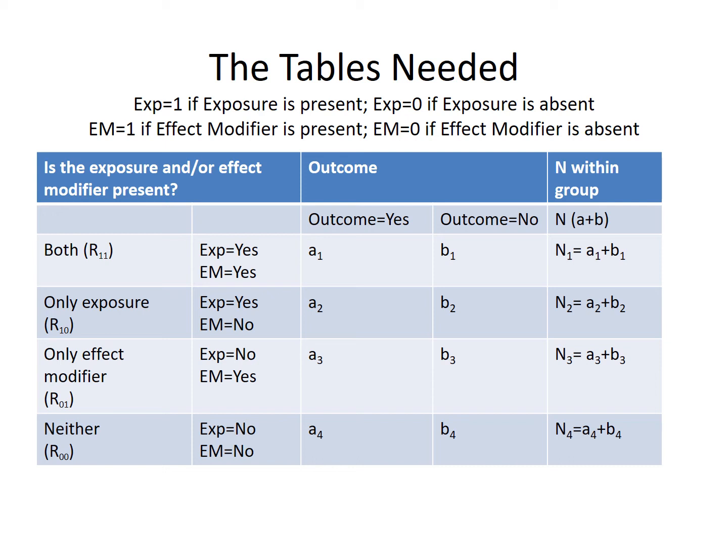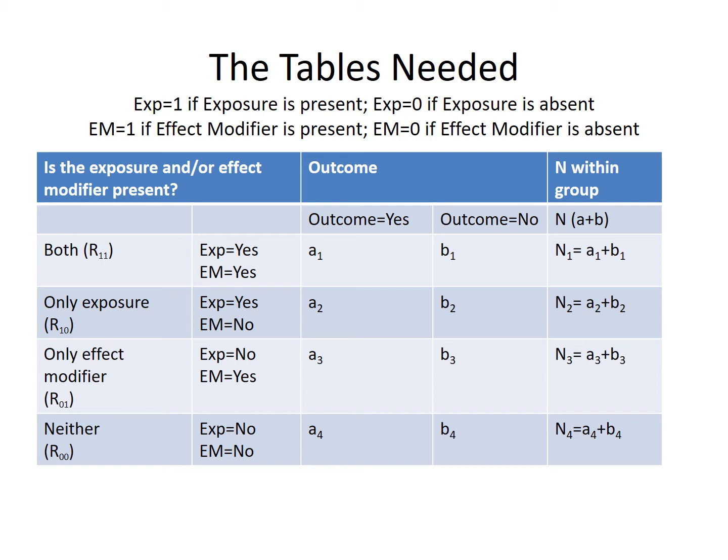The second row is just measuring the exposure alone. So that's not the urban kids, that's the other group, the no group for the effect modifier. That's the rural kids. So you're going to look for the rural kids who were bullied before the age of 12, and you're going to ask how many of them reported being always blue, and in total, the N2, how many of them were there.